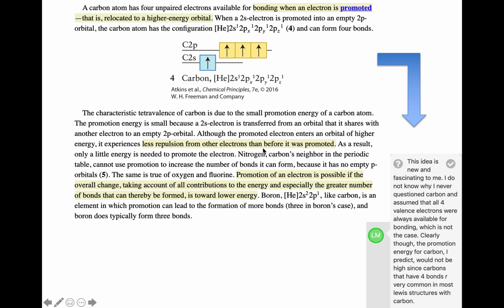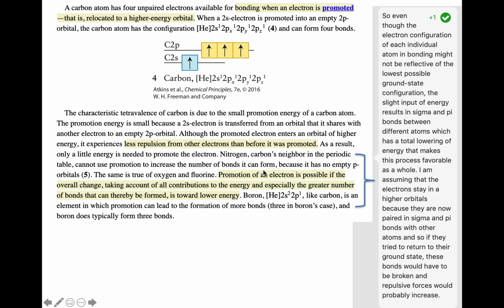This description here from Peruzzo describes the same thing for what happens with carbon. I like the comment here where, upon reflection, we know carbon forms 4 bonds all the time. That's what's taking place within carbon. We have hybridization involved. I also like this comment here of looking at the energetics.